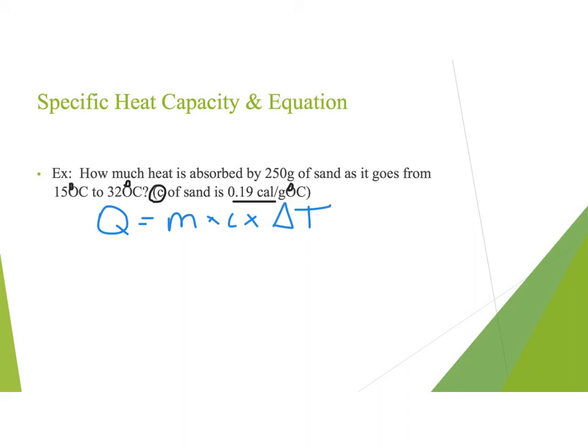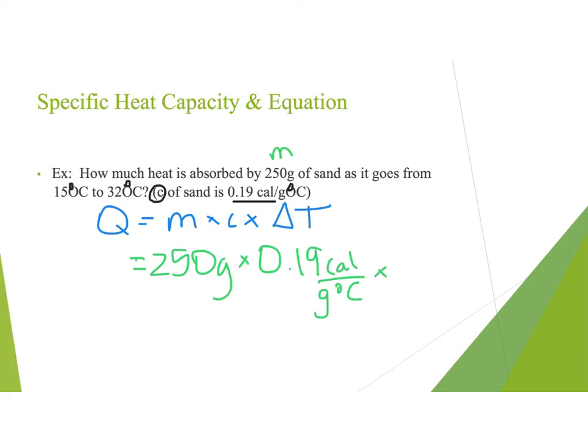After writing down our equation, we need to identify the variables. Remember, M is mass, and mass is always in grams. So our mass here is 250 grams, and 250 grams is going to go here. We know our specific heat, that's 0.19 calories per gram degrees Celsius.